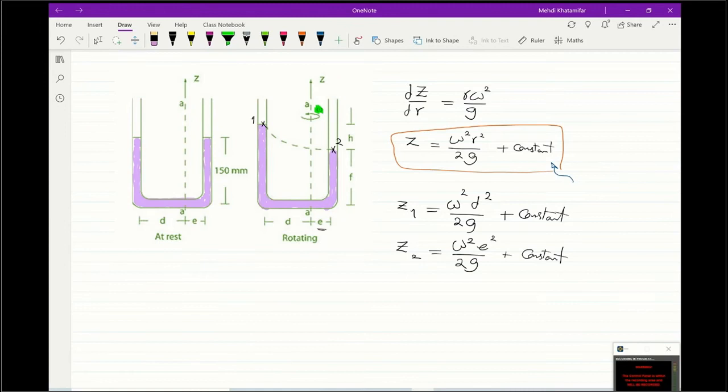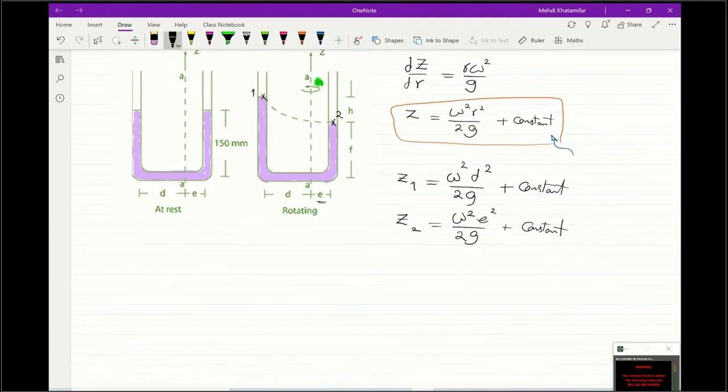Do I have Z1 or Z2? No. But I have the height difference between those two, which is h. Let's use that. So I'm going to subtract these two.